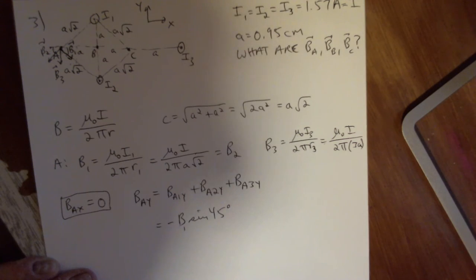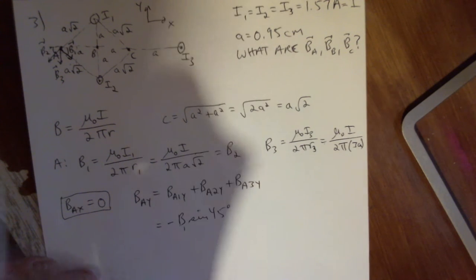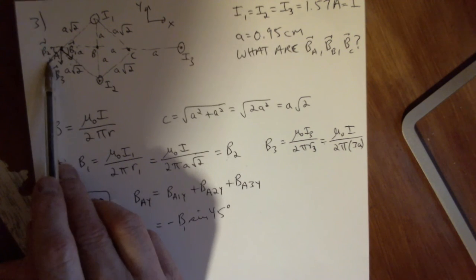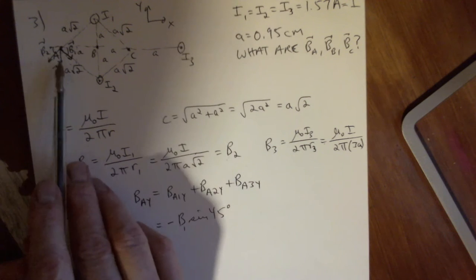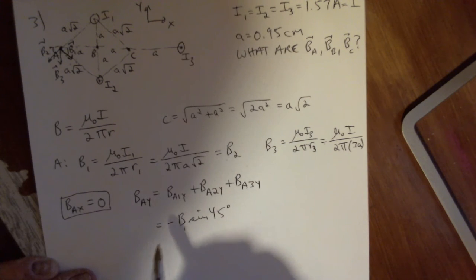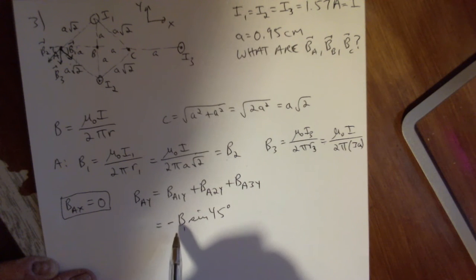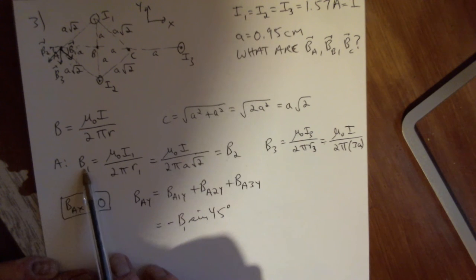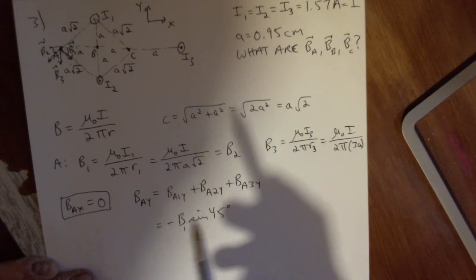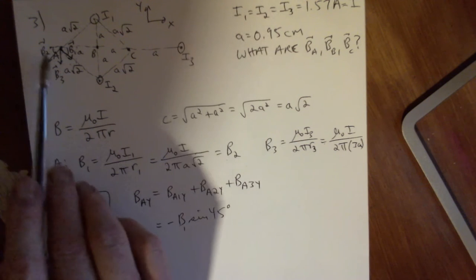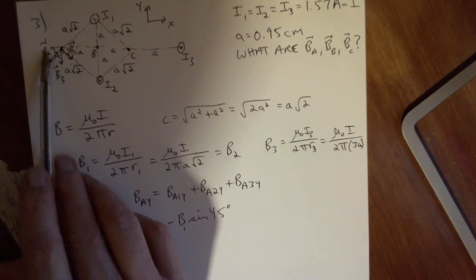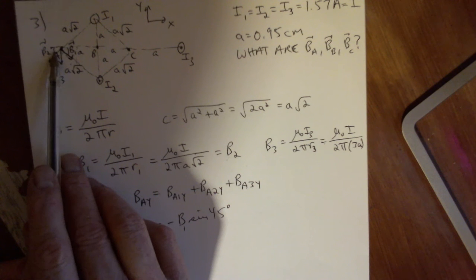And if you do the y component of B2, it's going to be the same thing because B2 is down, so it's minus. You multiply by the magnitude B2. Well, B2 is the same as B1, so minus B2 sine of 45 degrees again, because we talked about the fact that this is also 45 degrees.